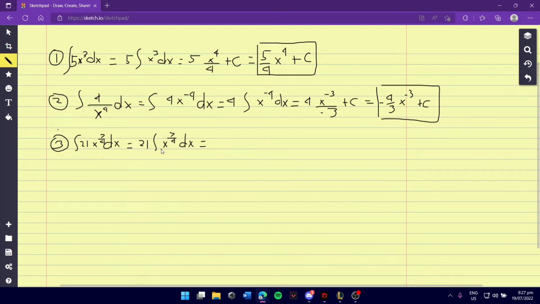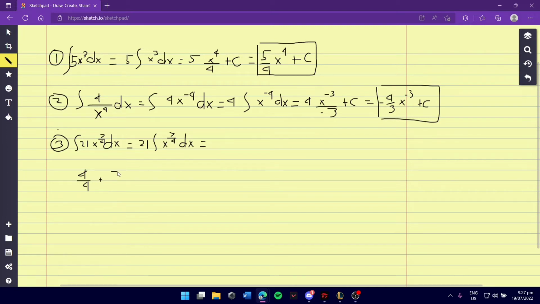Since this is in fraction form, we will add 1. By adding 4 over 4, this is also equal to 1, with the same denominator as our exponent here.